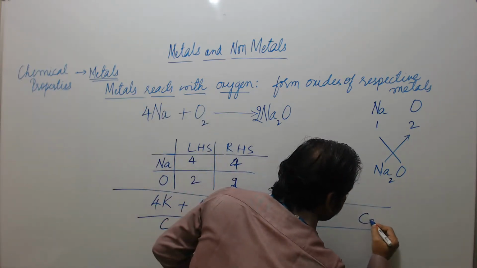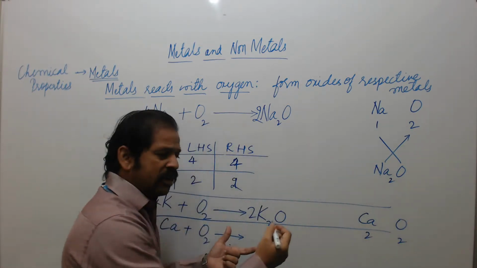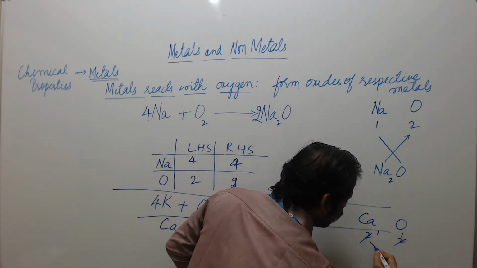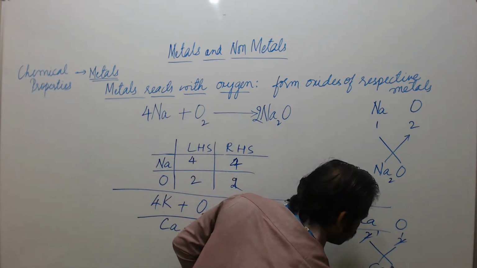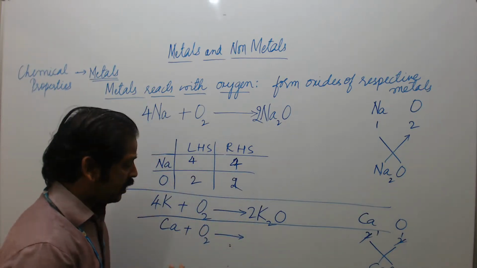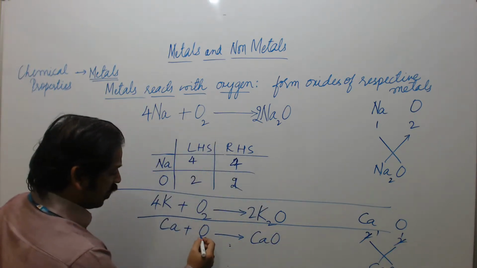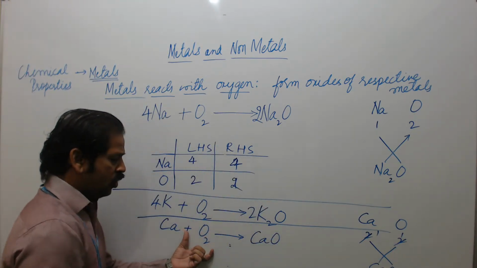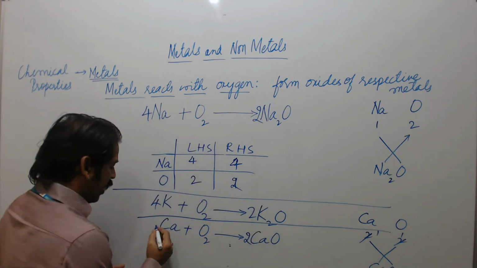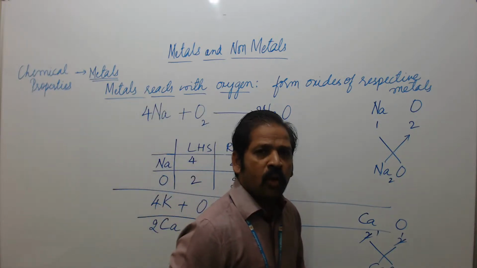Yes, the valency of calcium is 2, oxygen is 2. We'll simplify that: 2 simplified as 1, and the formula is CaO. The formula of calcium oxide is CaO. Left side oxygen is 2, so on the right side I'll make it 2 CaO. Calcium is also 2, so 2Ca plus O2 will give 2CaO.